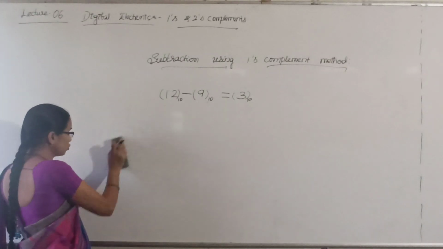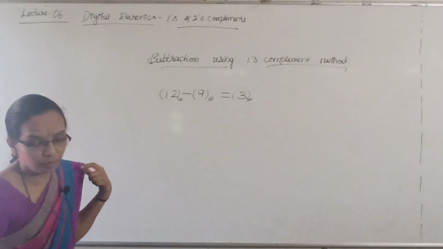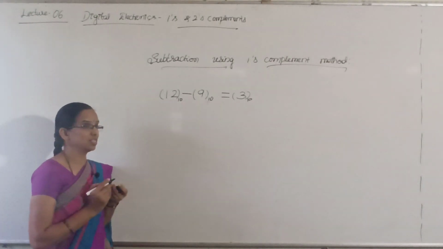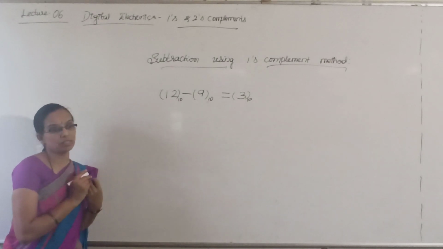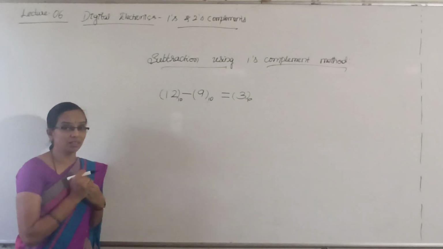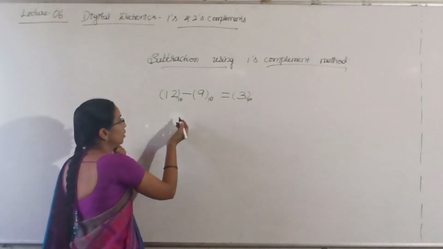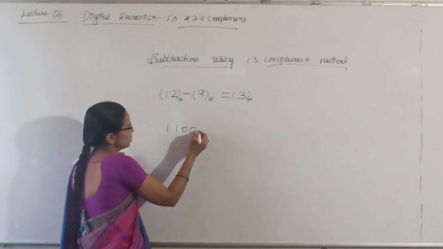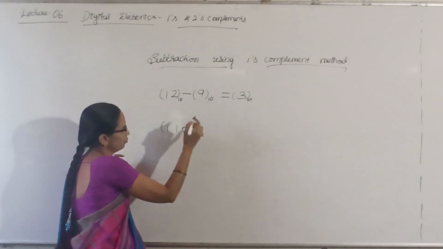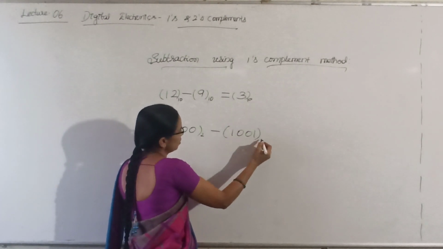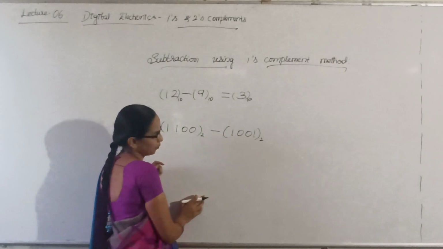But using one's complement method, how will it be done? Because normally digital systems will use these one's complement or two's complement methods for the subtraction of any number. So this is the binary equivalent of 12, and 1001 is the binary equivalent of 9.